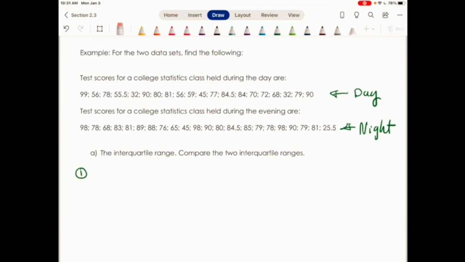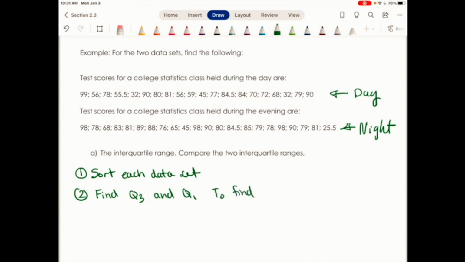The first thing we need to do is sort each data set, because then once we sort it, we can find the value of Q3 and Q1, because to find the interquartile range, we need to know whatever Q3 is and then subtract my value for Q1.